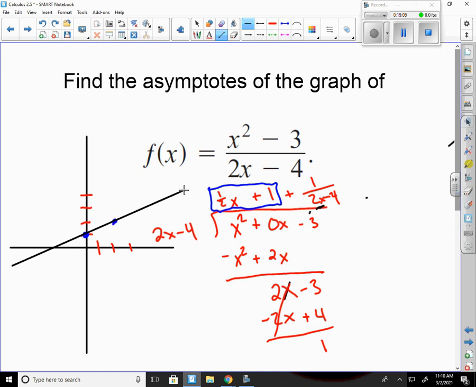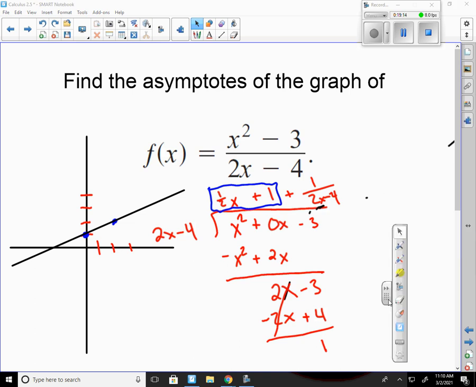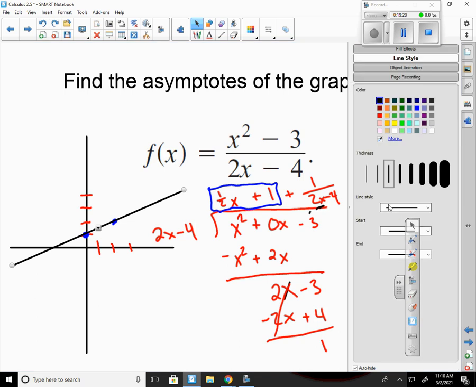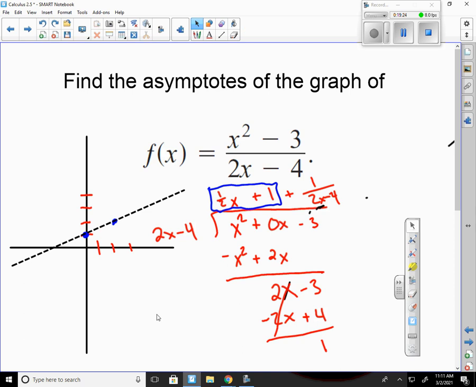And that creates this line, which is where my asymptote is going to be. So I'm not going to have a horizontal, I'm going to have an oblique asymptote.